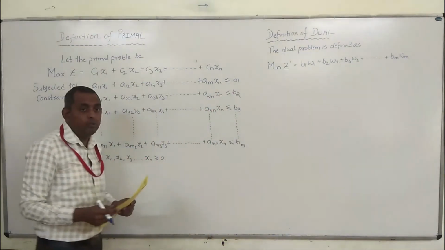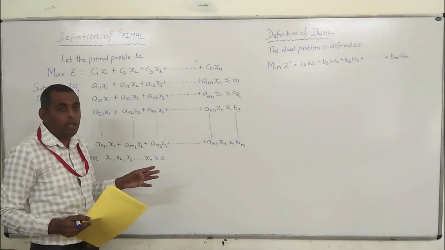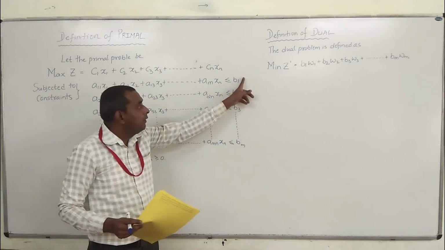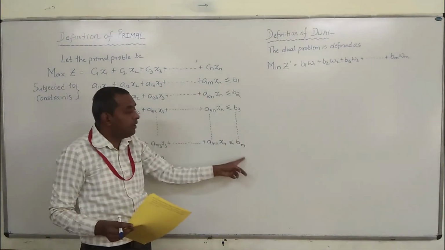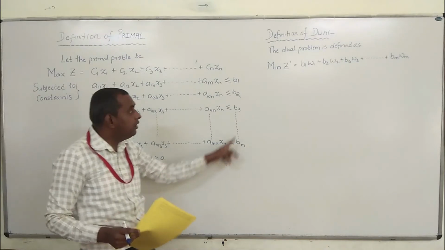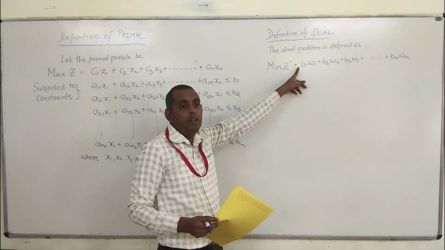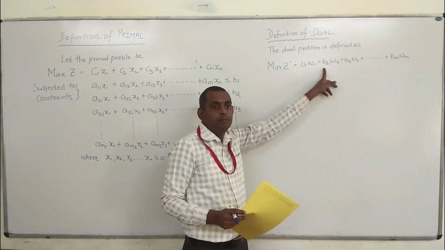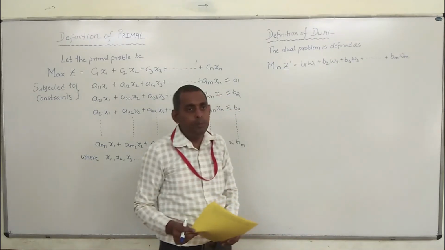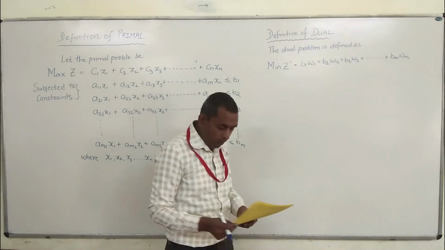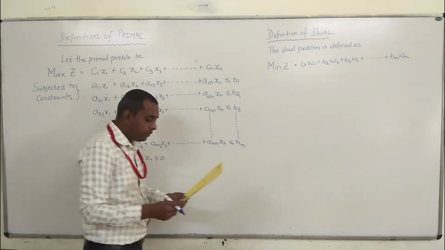Go through those 6 rules. In one of those 6 rules, what have I written? These values b1, b2, b3, bm will act like variables in the objective function of the dual problem.